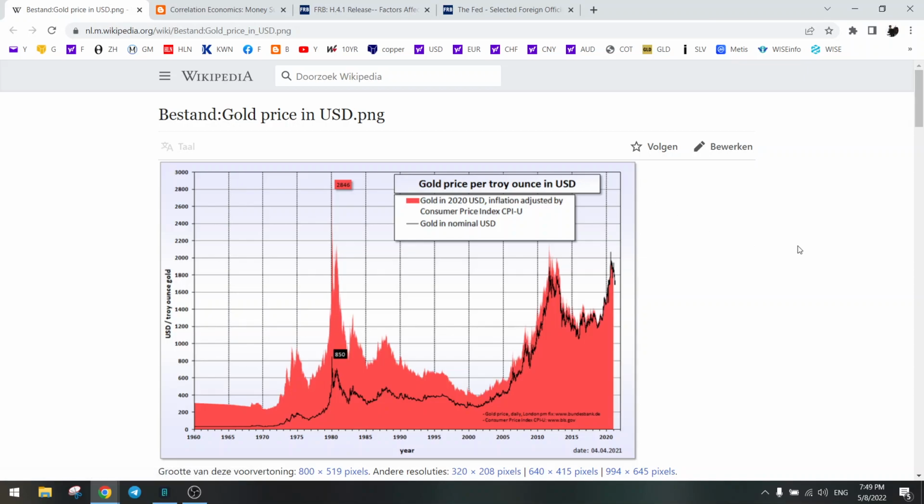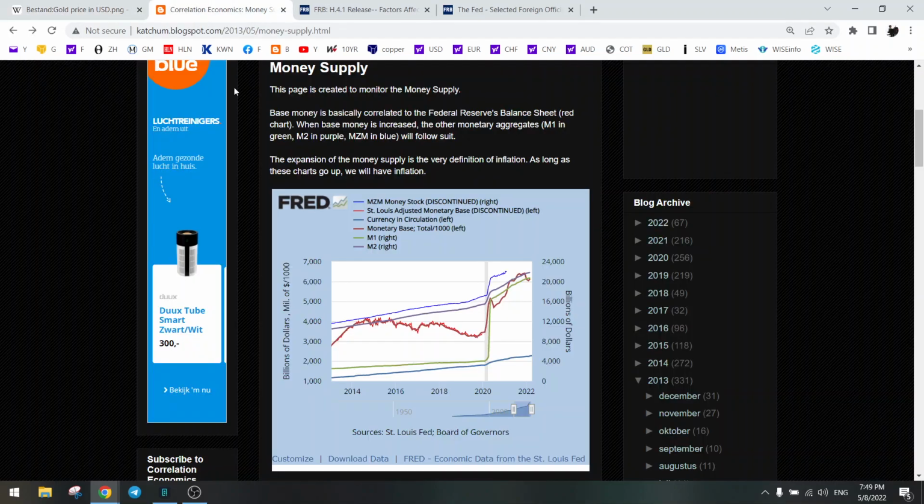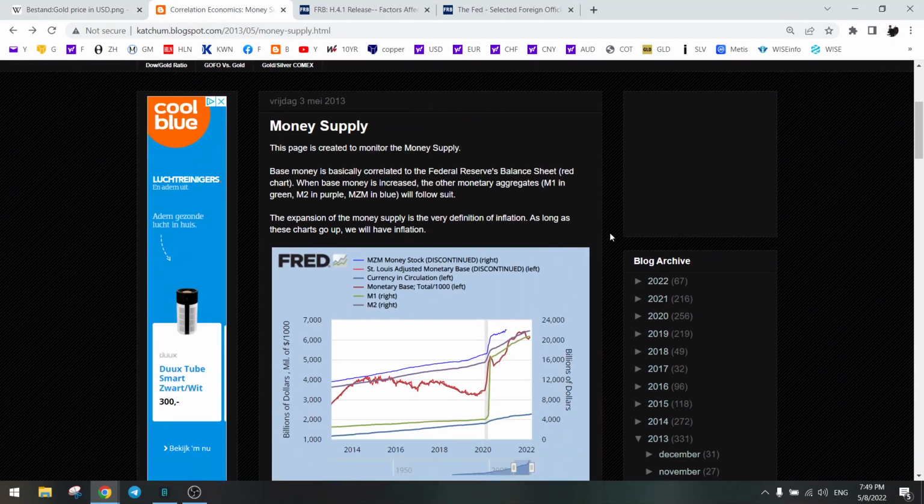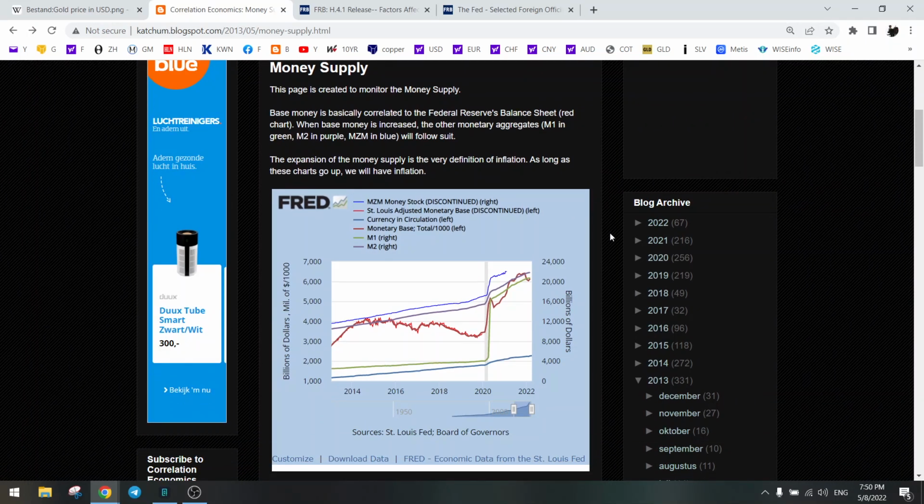Well, there's an easy way to look at this. So what should the real price of gold be? Okay, there are two ways to check this. And the first way is by looking at base money. Okay, so base money, that's actually this curve, the red curve.